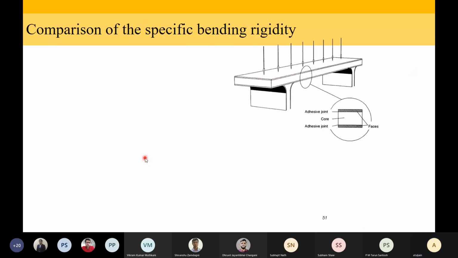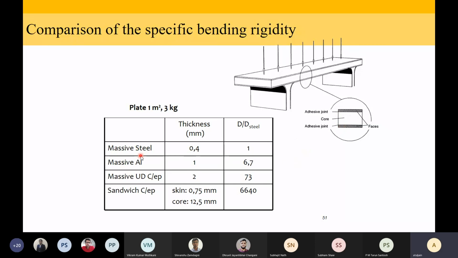as normal stresses. Now, using simple expressions like this, we can compare the properties of an aluminum plate which is thick, with composite materials which are basically sandwich materials, where I have carbon fiber faces, core in the center, and I have used some adhesive. So now, let us say I have a massive steel plate of 0.4 millimeter thickness, then D by D steel is 1.